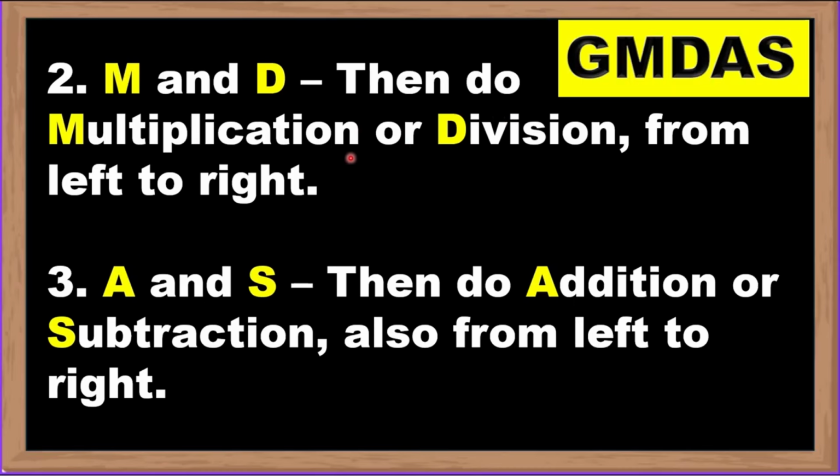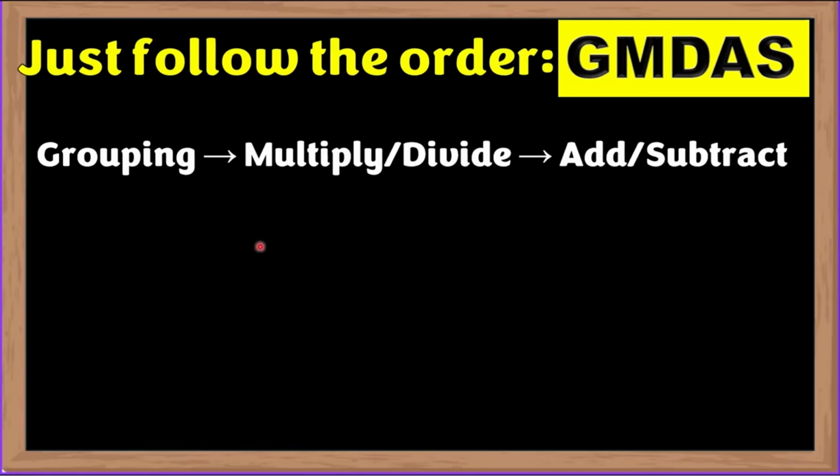Then do multiplication or division from left to right. And number 3, we have A and S. A is addition, S is subtraction. Then do addition or subtraction also from left to right.